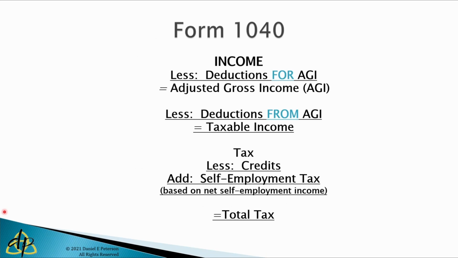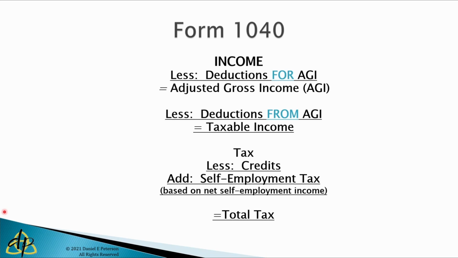Let's establish some baseline understanding, because we're talking about three different types of entities that are flow-through entities. So I need to basically make sure that we're on the same playing field for how those flow-through entities will impact your individual tax return.